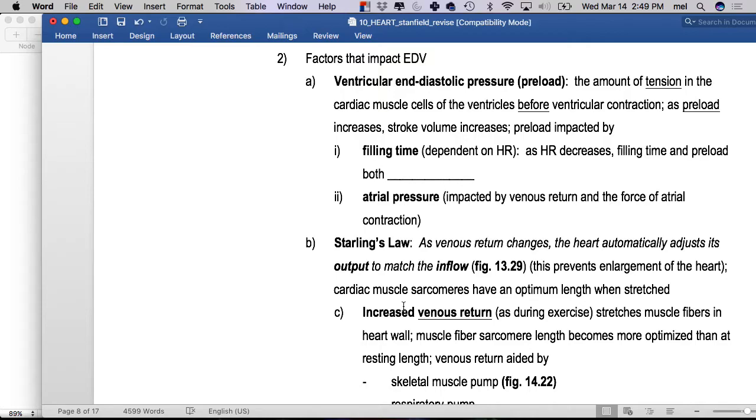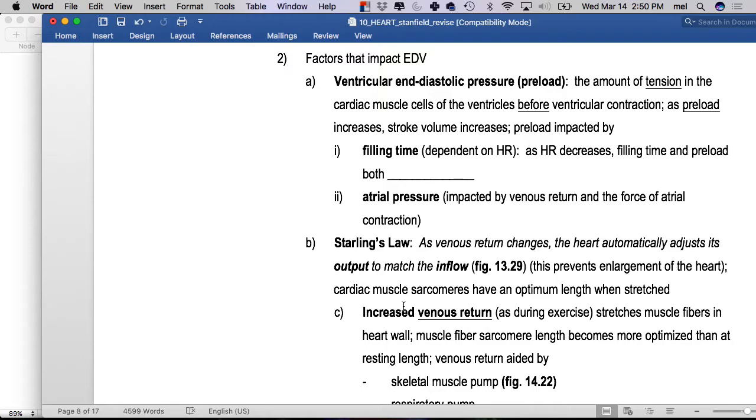Yes, you can get a ventricle full, but then you can put more blood in it because it's a stretchy bag, right? I mean, it has a limit, but you can get it full, but then you can get it fuller. So ventricular end diastolic pressure, this is the amount of tension in the cardiac muscle cells before ventricular contraction, or fuller, right? Is the ventricle full or is it fuller?